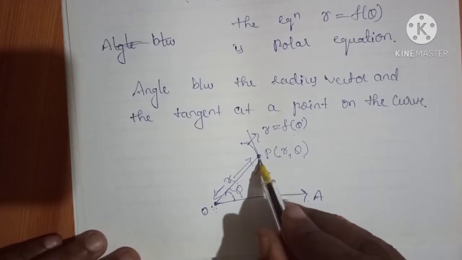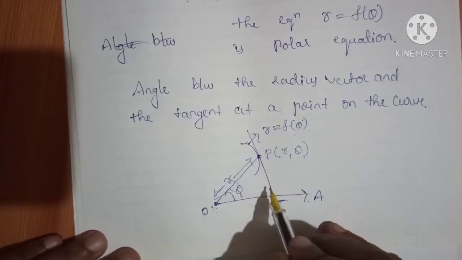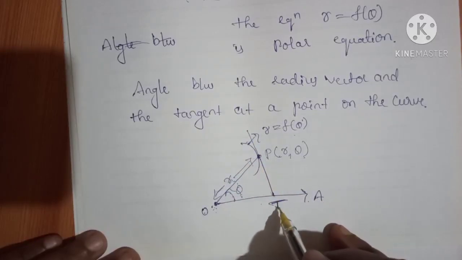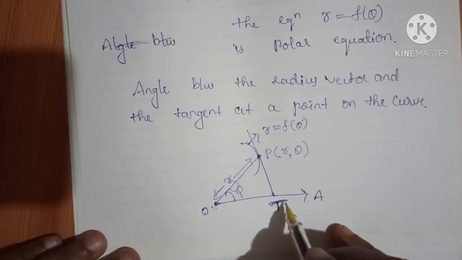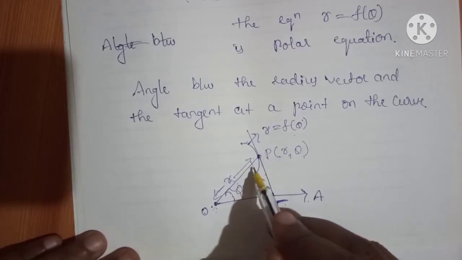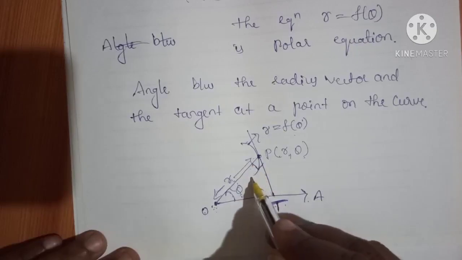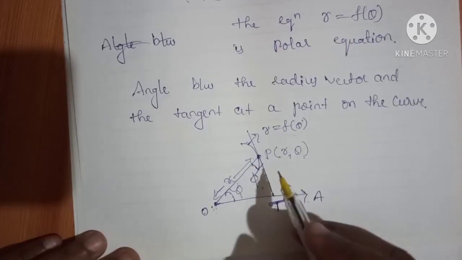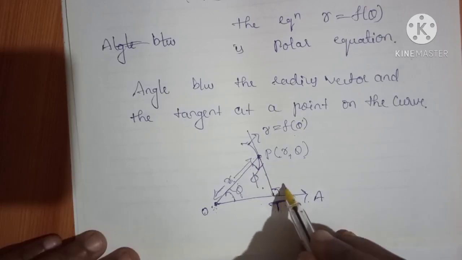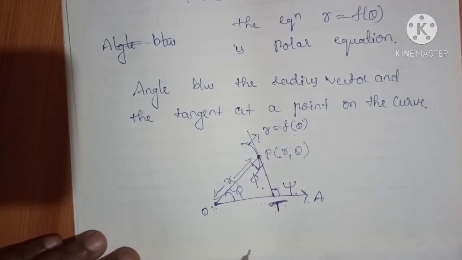Now consider a tangent to this curve which meets the initial line at point T. Consider the angle between the tangent and the radius vector as phi and the exterior angle as psi.